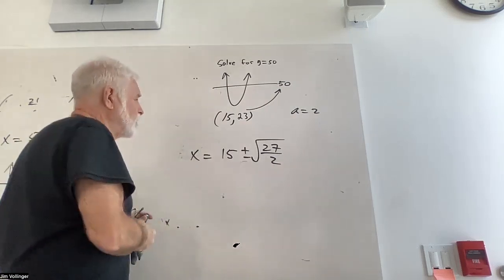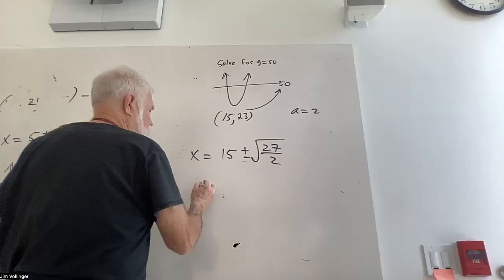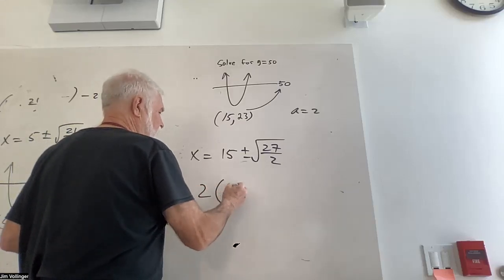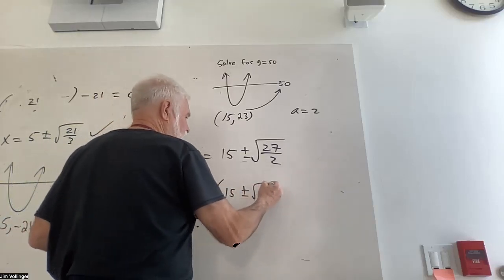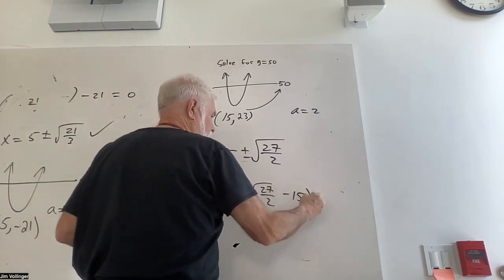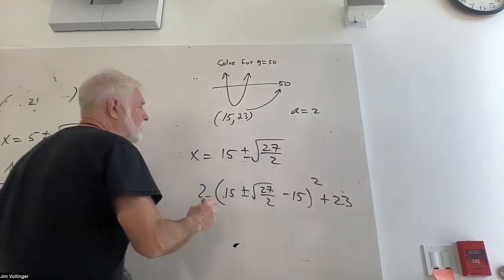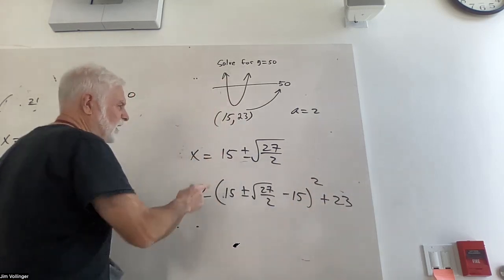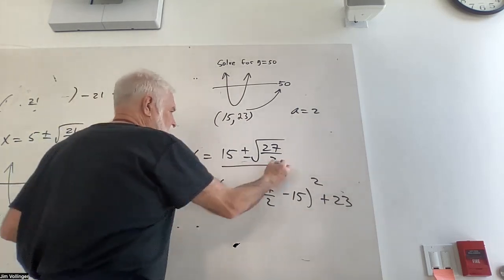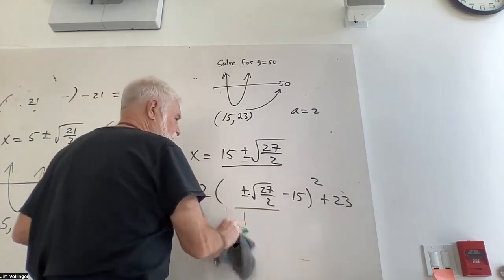So let's see if this really works out. Let's see if we get to 50 with this. So I've got 2. Put my answer in: 2 times (15 plus minus the square root of 27 over 2 minus 15) squared plus 23. Let's see what happens when I substitute this answer in here. All right, I'm substituting it in right there. Well, I can see the 15s cancel.